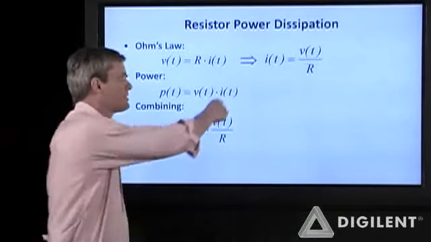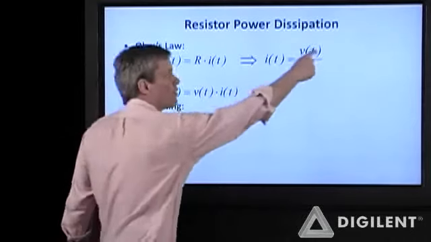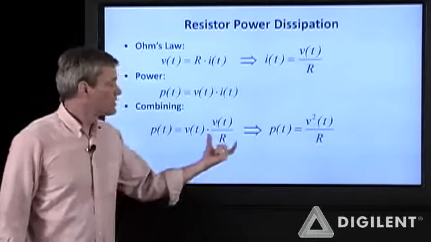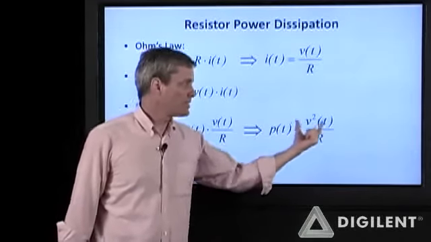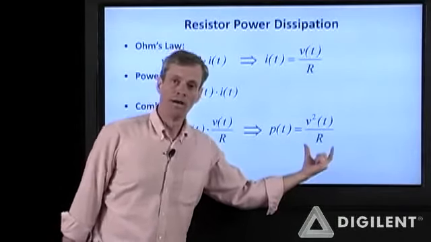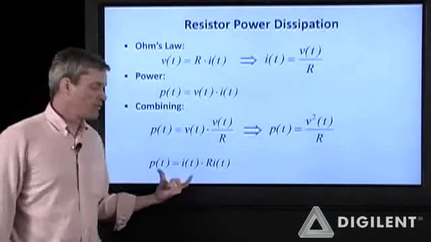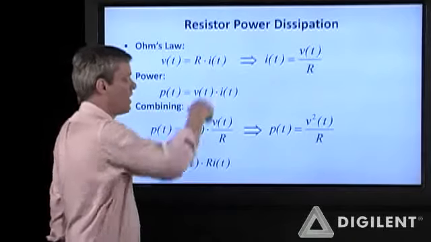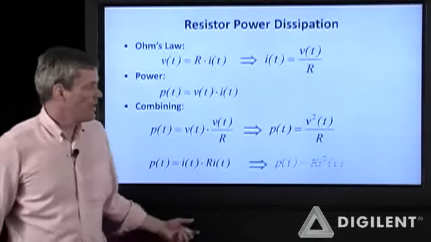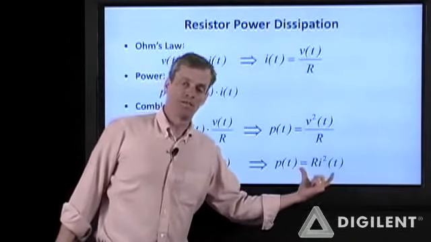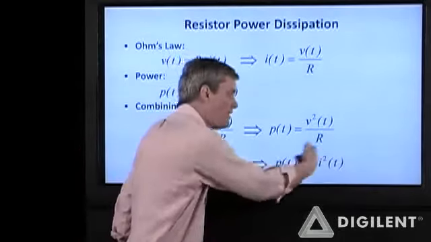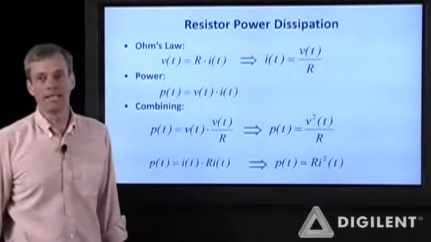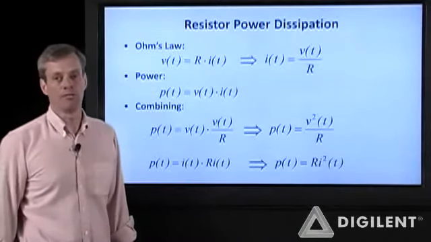For example, we can substitute I of t for V over R. Then we can expand this so that the power dissipated by a resistor is V squared over R. Likewise, we can write this purely in terms of current by substituting voltage as R times I of t. Then the power dissipation is the resistance times the current squared. All of these will give identical results for the power dissipation of a resistor.